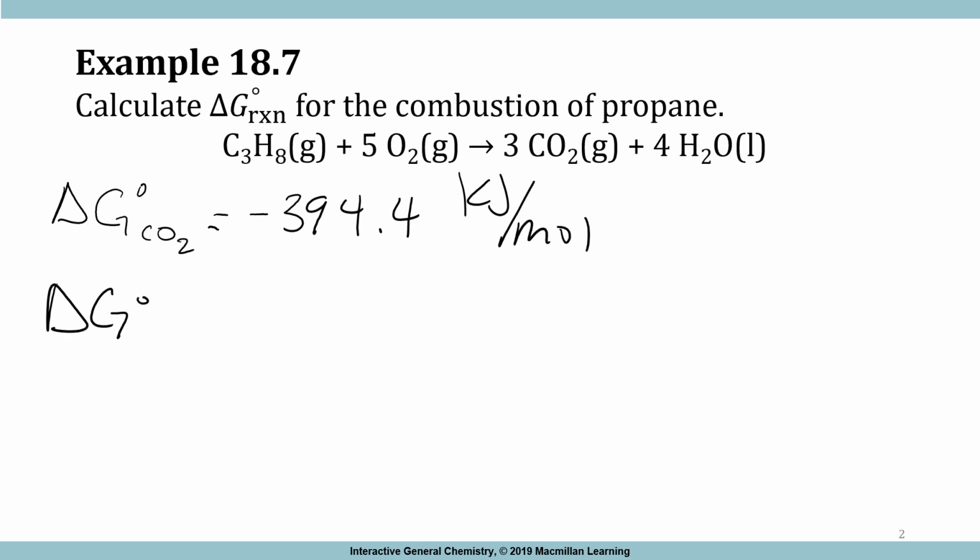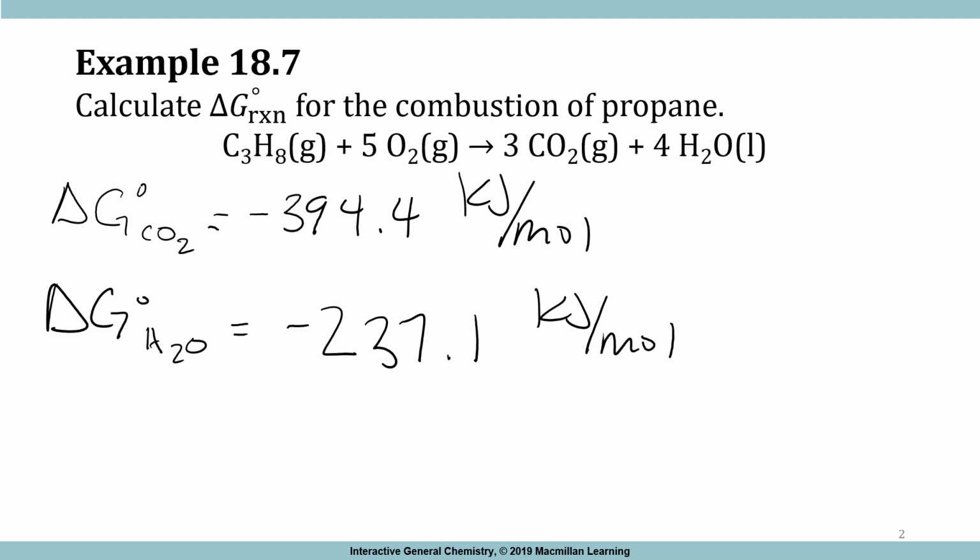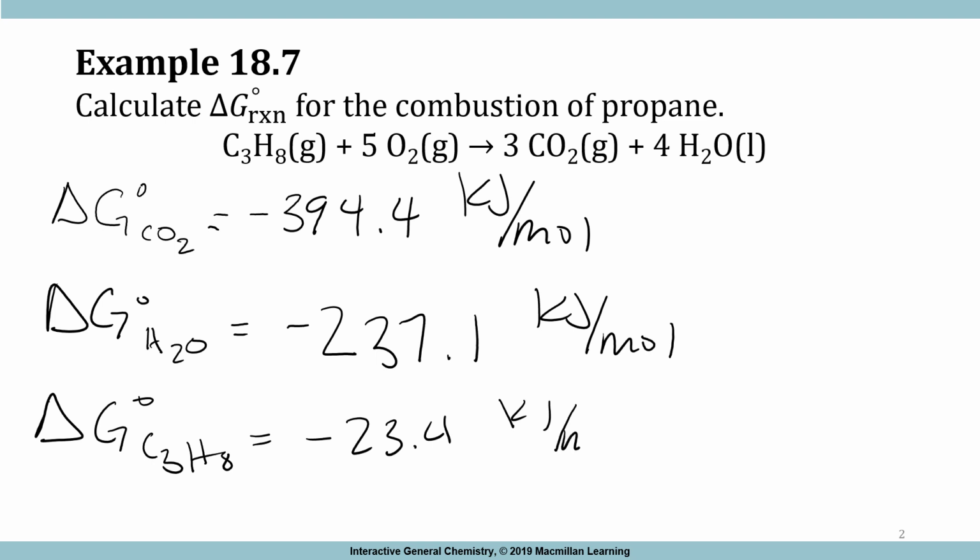The Gibbs free energy for H2O is negative 237.1 kilojoules per mole. For propane, negative 23.4 kilojoules per mole. And the Gibbs free energy for O2 is just going to be 0.